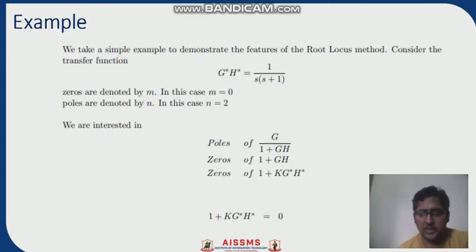We will solve another example so that we can understand easily. Suppose the question is given: find the root locus for 1 by s into (s plus 1). In this case you have to look at how many poles and how many zeros are present, and we need to find 1 plus k G(s) equals 0.